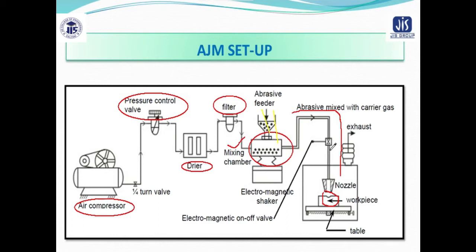As the particles impact the surface, they cause a microfracture and the gas carries the fractured particles away. You can see there is an exhaust from where the gas can be removed. Brittle and fragile work is preferred in this particular process.